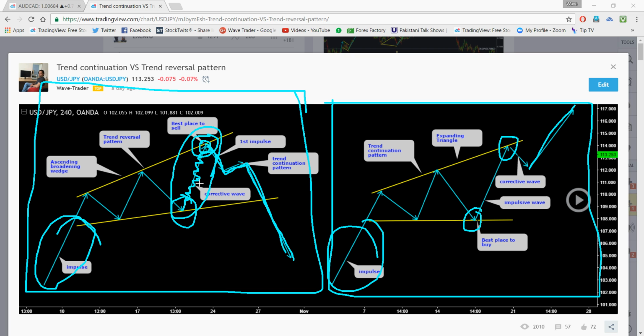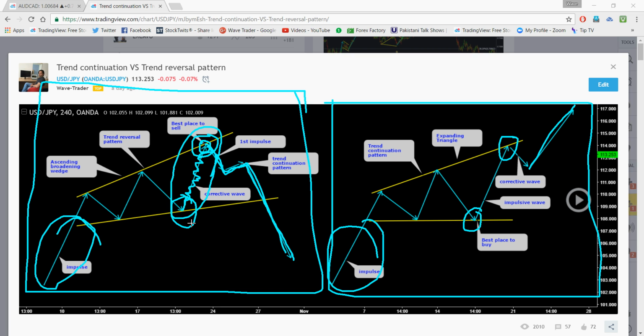Some traders use MACD for that, but we focus on specific candles. If we see large candles, it means price is forming an impulse. If we see small candles, it means price is forming a correction, and that correction can continue with the previous trend.